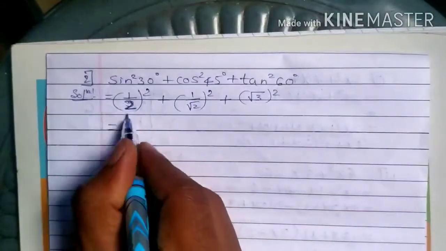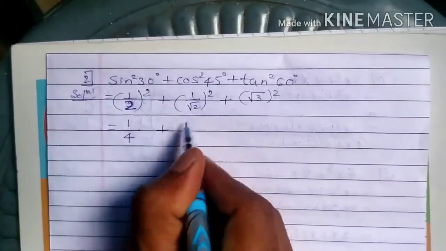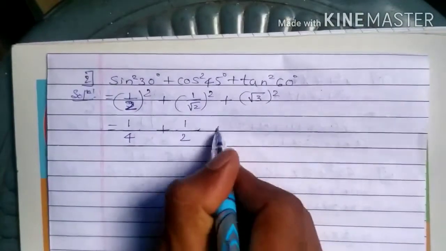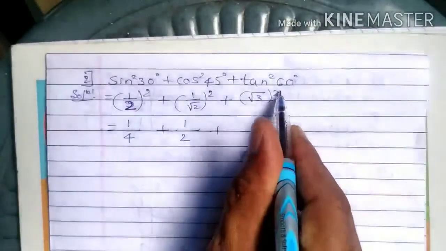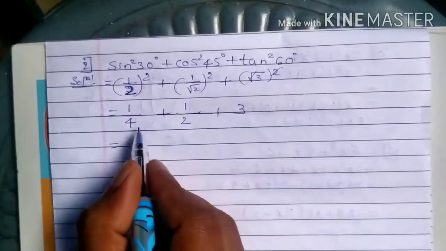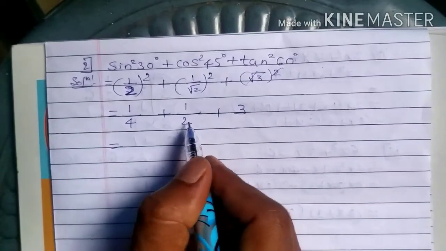That is equal to 1 square is 1, 2 square is 4, plus 1 square is 1, root 2 whole square is 2, plus root 3 square, the square and square root cancel, 3. That is equal to 1 by 4 plus 1 by 2.